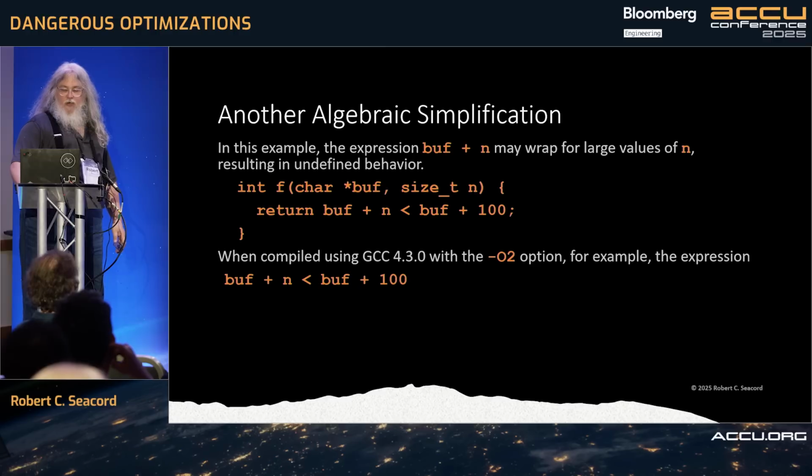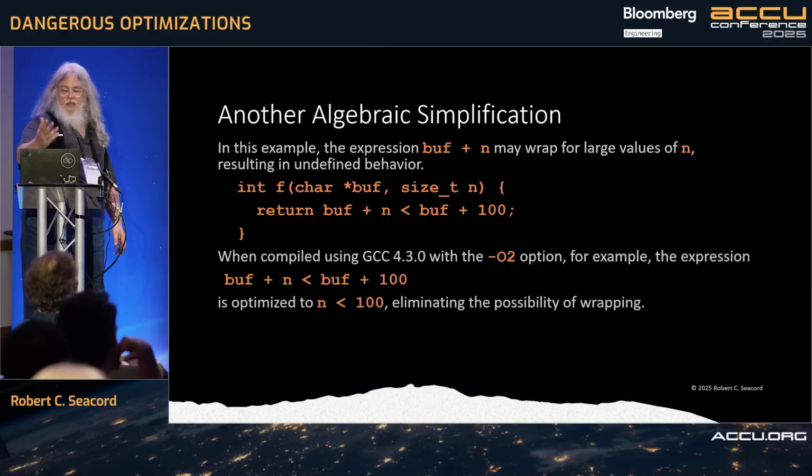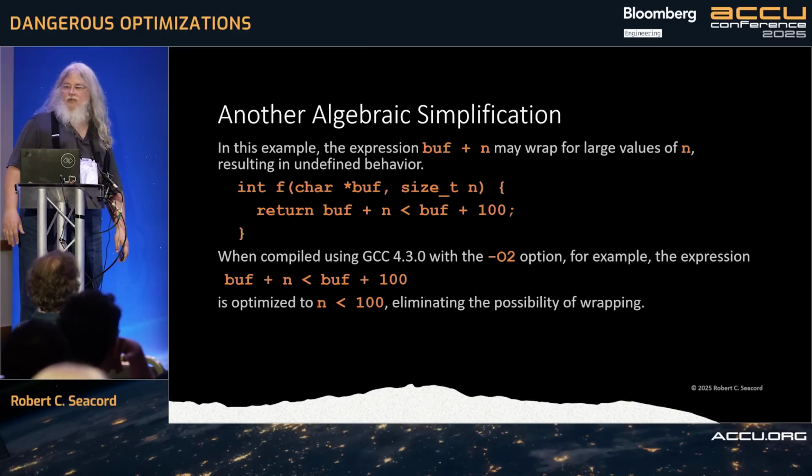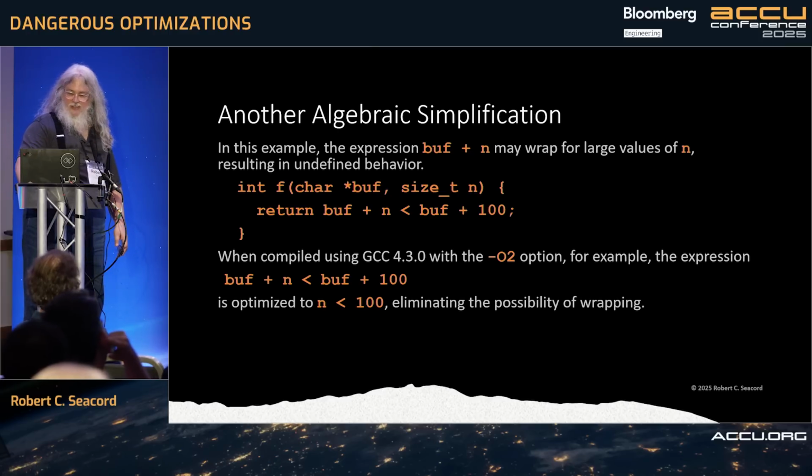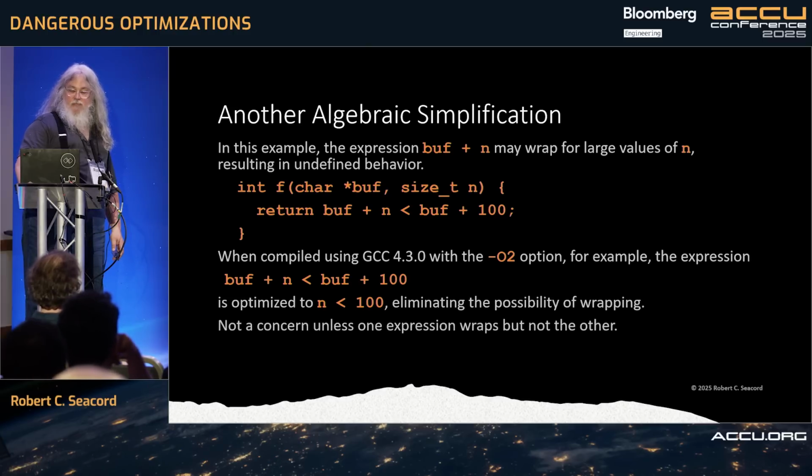So if you compile this with, this version of GCC I'm referencing here is from 2008. So pretty much any GCC compiler you've used in the last, how many years have happened since 2008? Like 17 or something. It will reduce that to n less than 100, eliminating the possibility of wrapping.